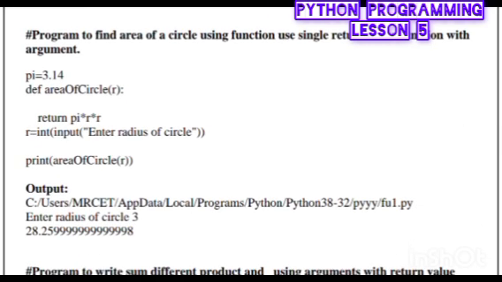Here pi equal to 3.14. Definition area of circle r, return pi r square, for the area of the circle program.